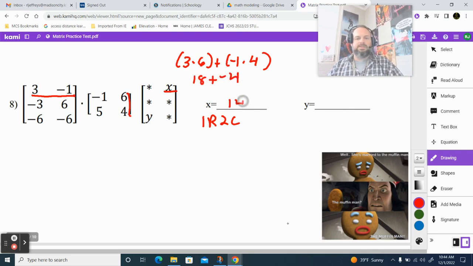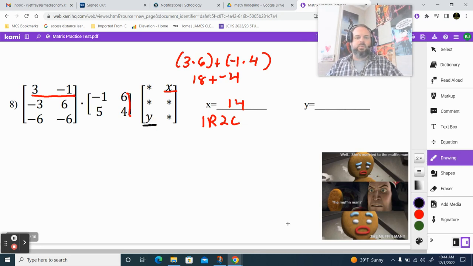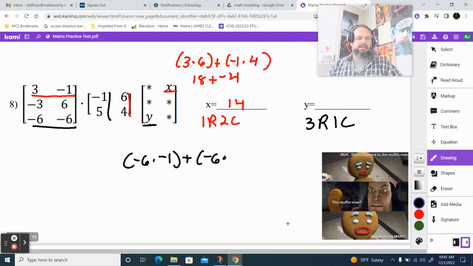So this is 14. See, Y is in the third row, first column. So this row, this column. So that is -6 times -1 plus -6 times 5.